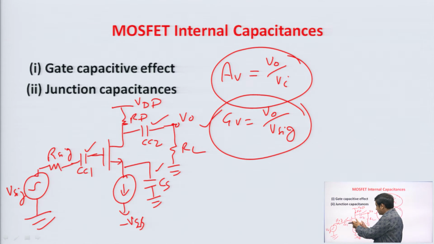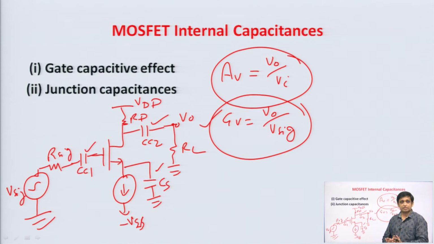These coupling capacitors Cc1, Cc2 and Cs are external capacitors of higher value, in the microfarad range. There is another capacitance called parasitic capacitance, the internal capacitance formed inside the MOSFET.